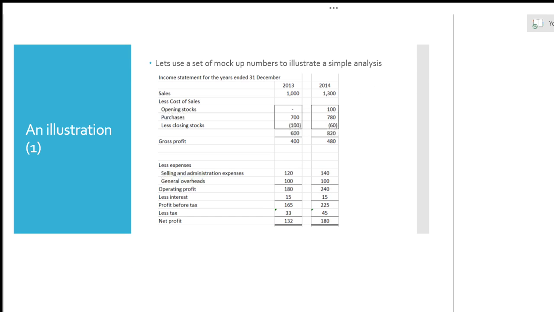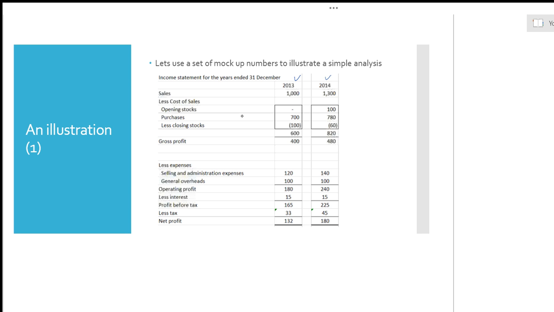Now what we're going to do is use a simple set of financial figures, the income statement and the balance sheet, or statement of financial position, so that you're able to see how we study the ratios and make sense out of them. Okay, so here I have the 2013 and 2014 results of a certain company, right?